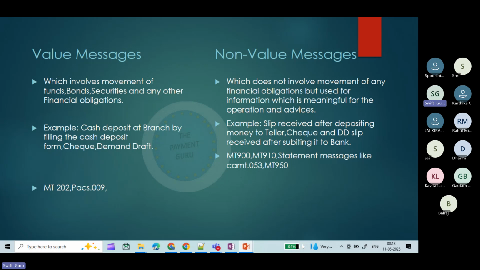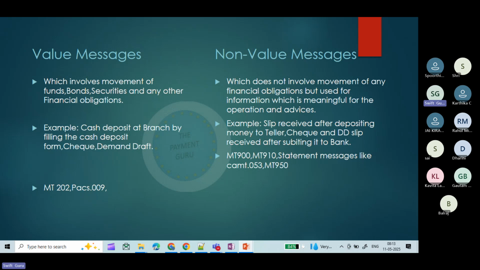So it involves movement of funds, bonds, securities, or any other financial obligation. Whereas non-value messages do not involve any movement of financial obligations, but are used for information which is meaningful for operations and advice, for reconciliation as well.